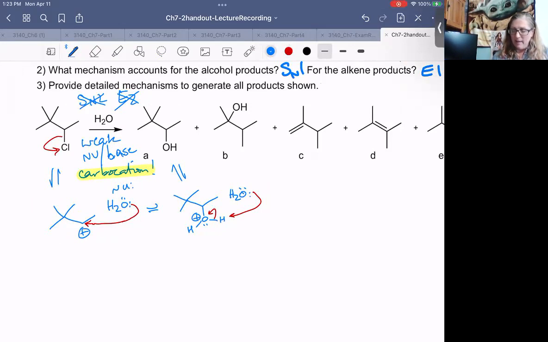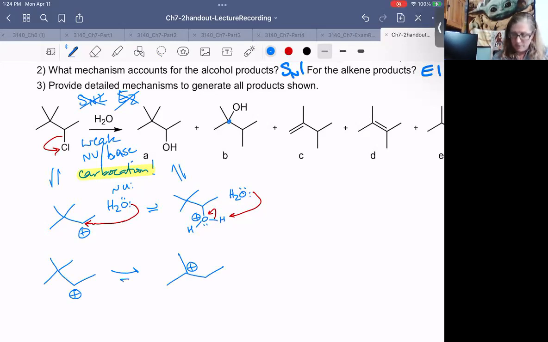And how do we get to B? Well, this now is having the alcohol at a different carbon. The way we could get to a different carbon is we can have a rearrangement. So what's going to happen, and this is actually a favorable rearrangement, is we're going to get the positive charge on this position.